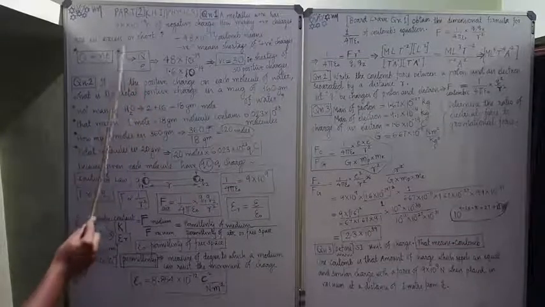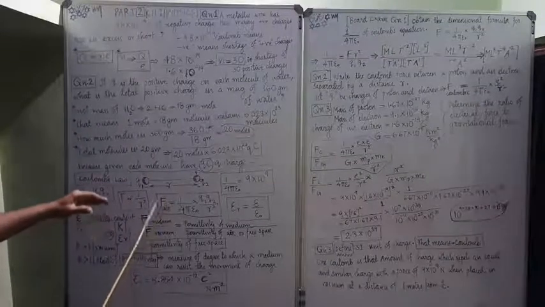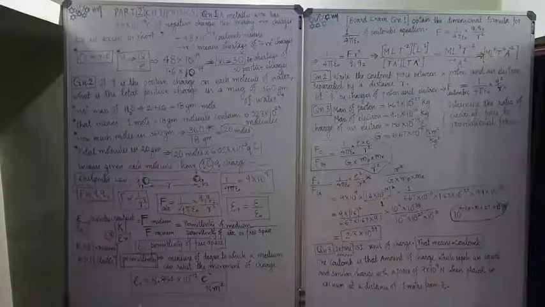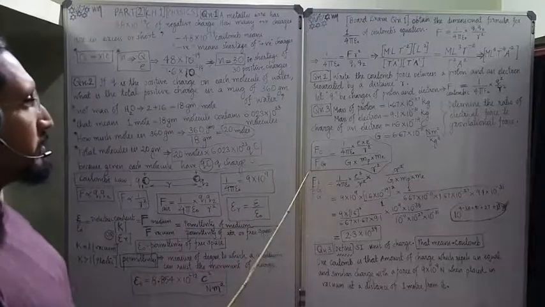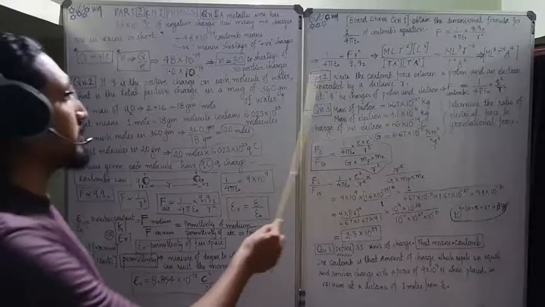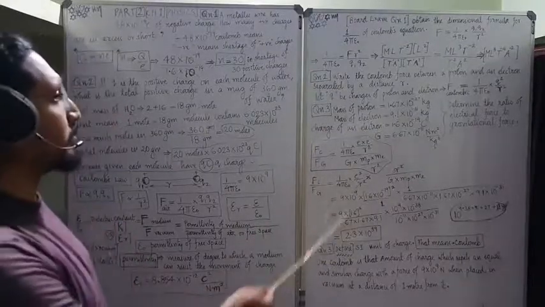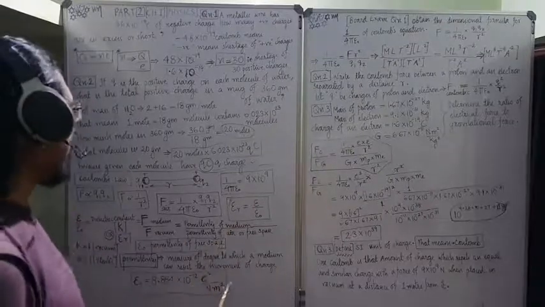In that quantization, I will do two problems, and then I will introduce Coulomb's Law and do two or three problems regarding that. One is a theoretical level problem, and the other two are numerical. This is a dimension based problem.